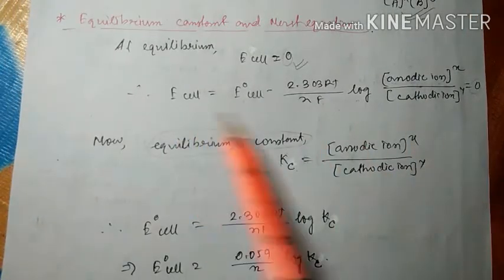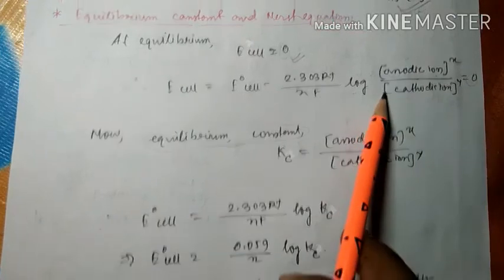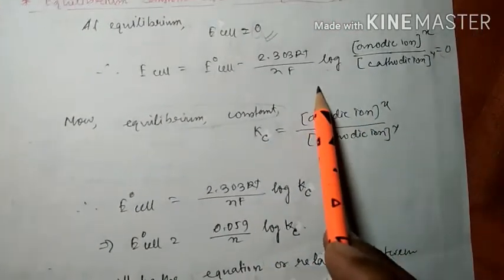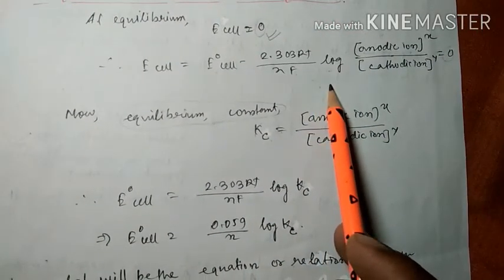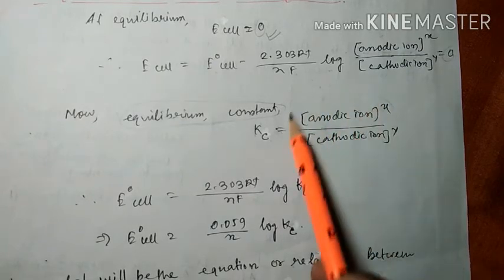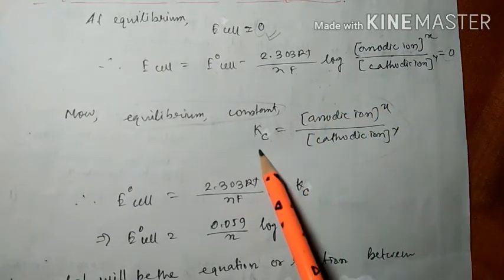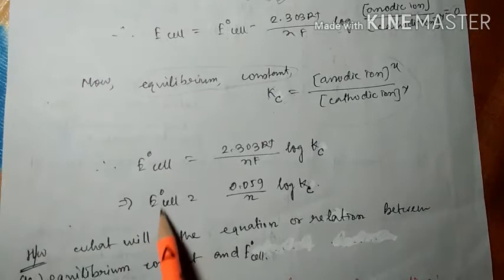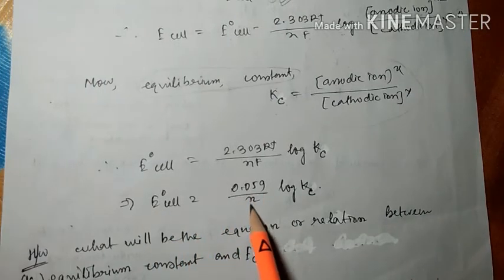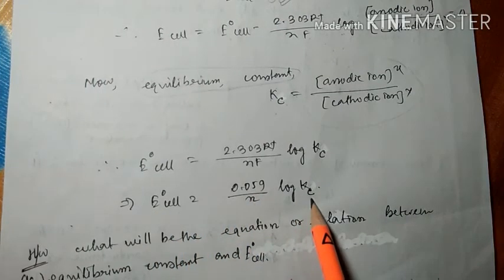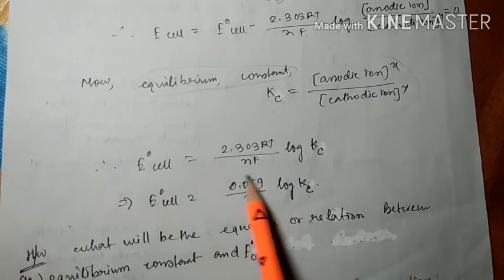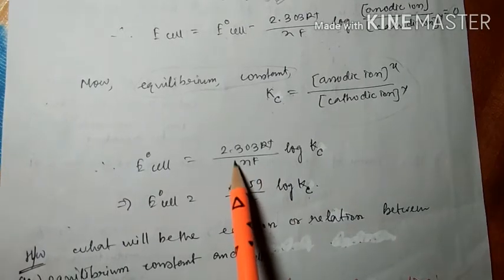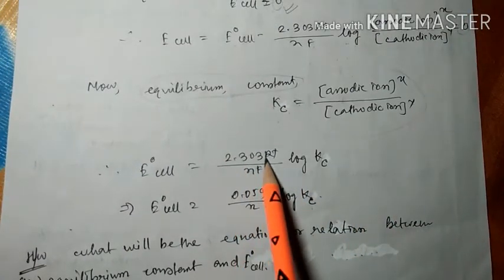If the E cell equals 0, then if we rearrange the above equations and substitute the values of this part with Kc, we will get E naught cell equal to 0.059 by n log of Kc.